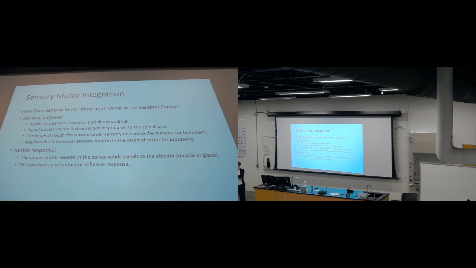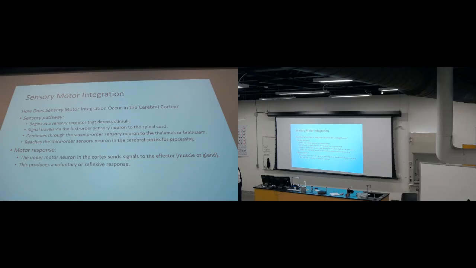And then it enters into the spinal cord in the posterior region, in the posterior horns, and then you will have your first order neuron synapsing another secondary neuron in the spinal cord that is going to be the second order neuron.